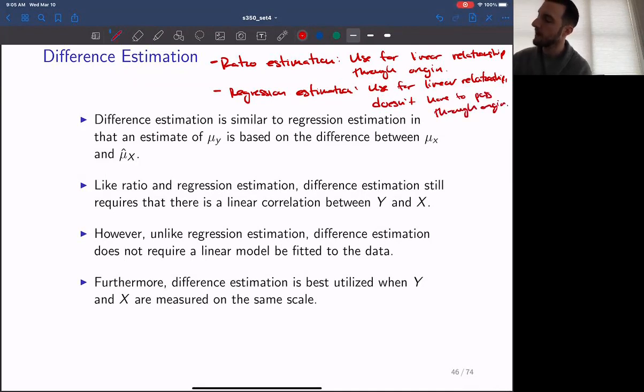Okay. And then the last one is what we're calling difference estimation. Difference estimation, like ratio estimation and like regression estimation, requires that there's a linear relationship between X and Y. So between the variable of interest, well, between the auxiliary variable and the variable of interest.